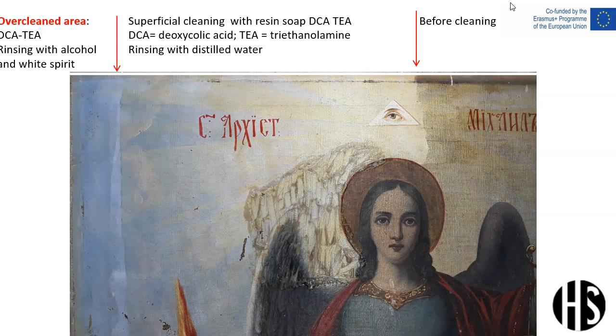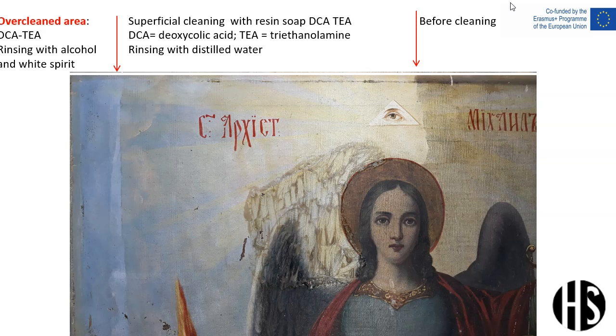And why do I show this? Because you see here all the different chemical terms like superficial cleaning with resin soap, with deoxycholic acid, ethanol, and so on. So these are normal terms that conservators use, of course, totally chemical terms.